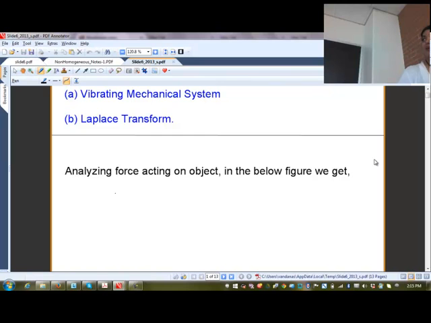Okay, analyzing force acting on an object. So in the figure below, there is no figure right now here. Let me draw it quickly.